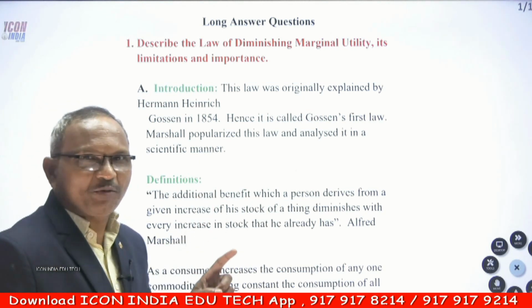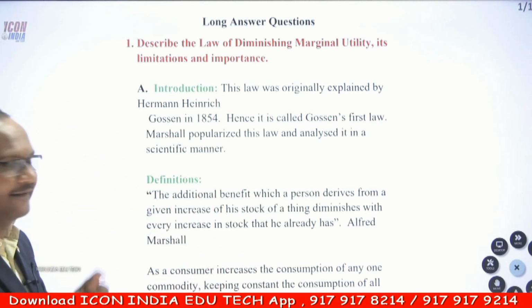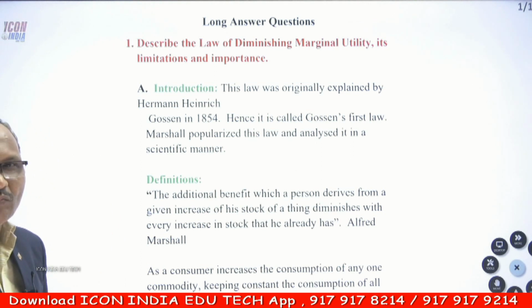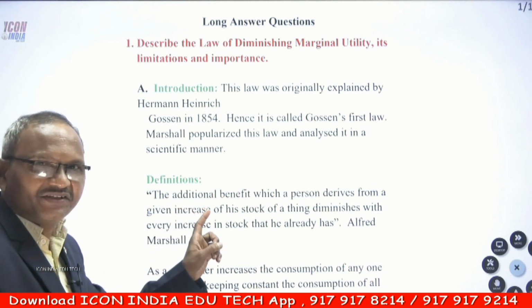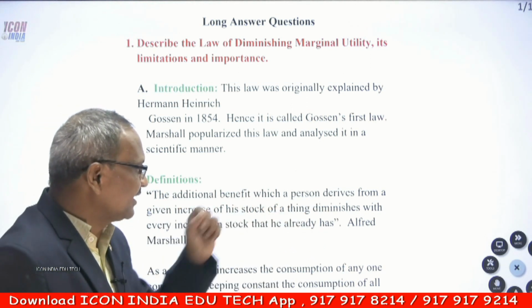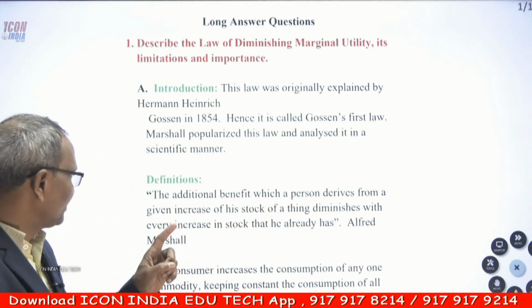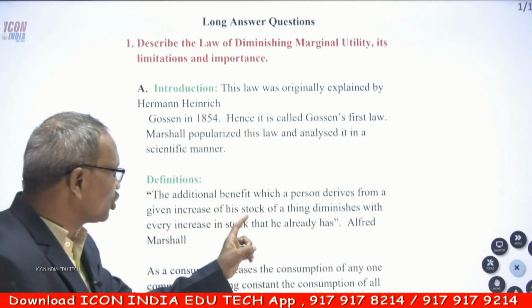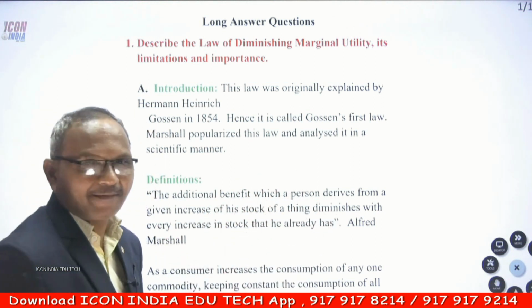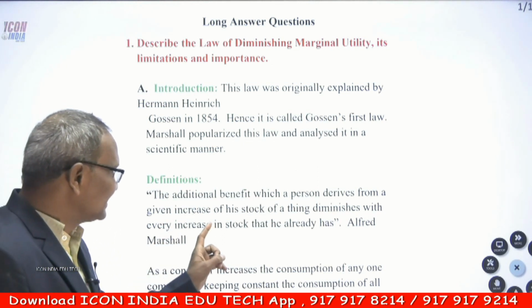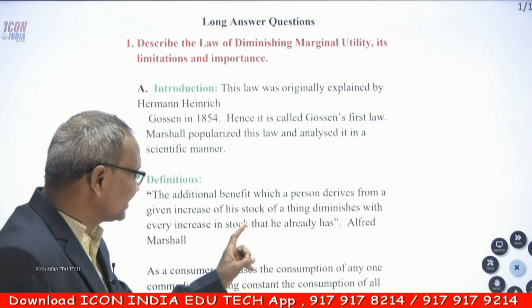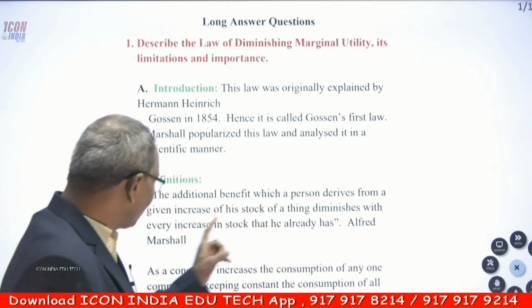So, the next step to be followed is the definition. The additional benefit which a person derives from a given increase of a stock of a thing diminishes with every increase in the stock that he already has. Alfred Marshall.